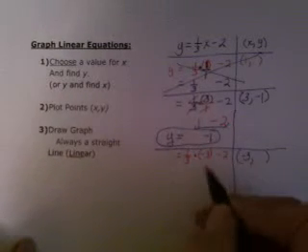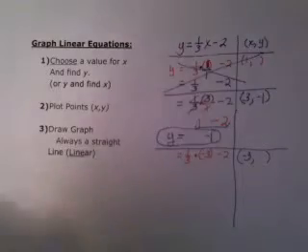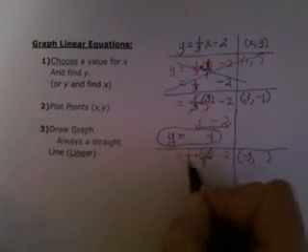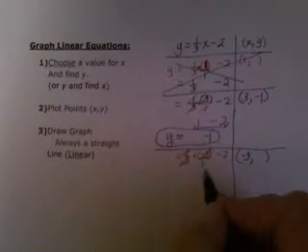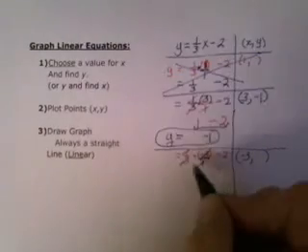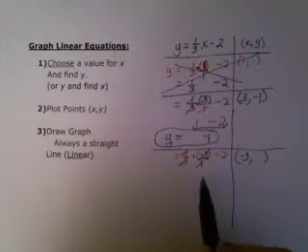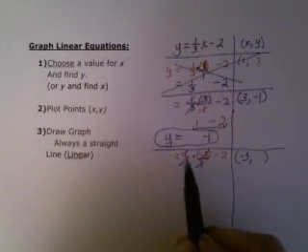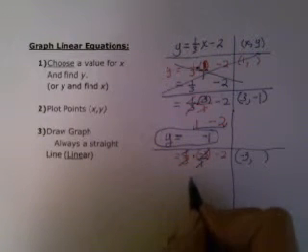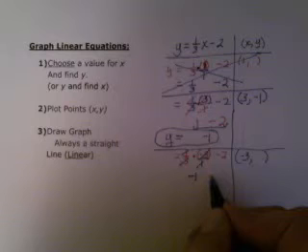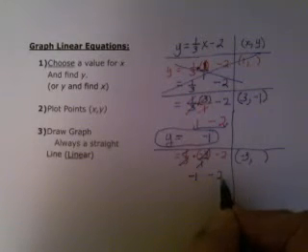Then my 3's will cancel. My 1's will cancel. And now that everything is canceled, I still have a 1 on the top, a 1 on the bottom. Only this time I have a positive times a negative, so I'm going to have a negative 1. So now what I have is negative 1 minus 2.